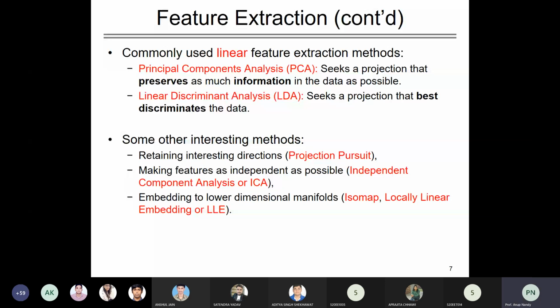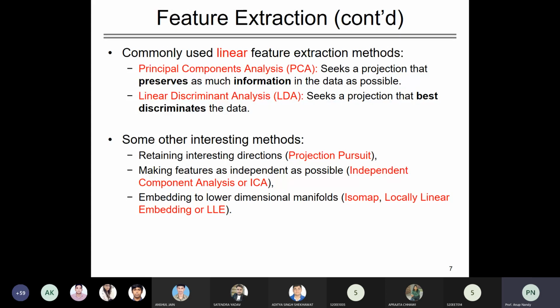Another is called independent component analysis, or ICA. Here we make the features as independent as possible, so you have to choose those dimensions which give independent features. That is why it is called independent component analysis. Another approach is embedding into lower dimensional manifolds, such as Isomap and locally linear embedding.